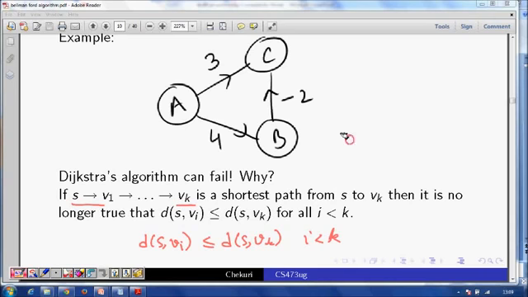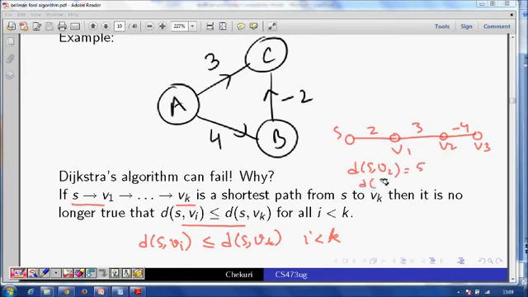For example, take S, V1, V2, V3, where the edge weights are 2, 3, and minus 4. If this is the shortest path, then this assumption becomes false, because d(S, V2) will be 5, but d(S, V3), because of this negative weight edge, will be 2 plus 3, 5, minus 4, which is 1.